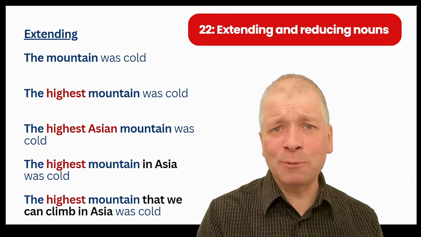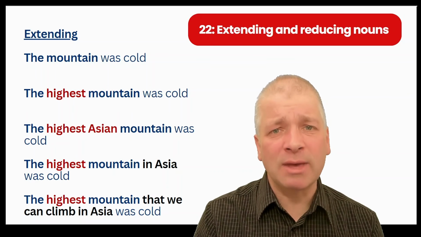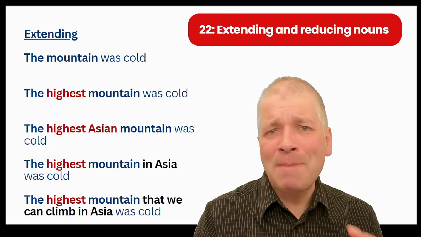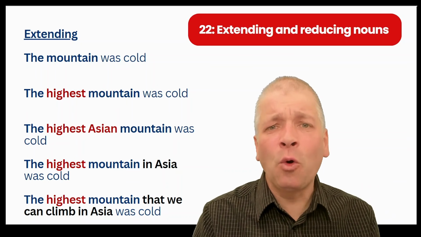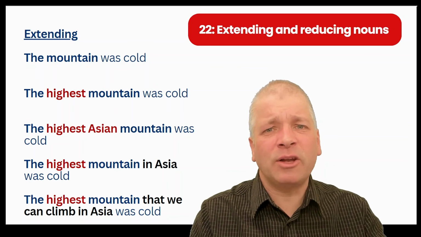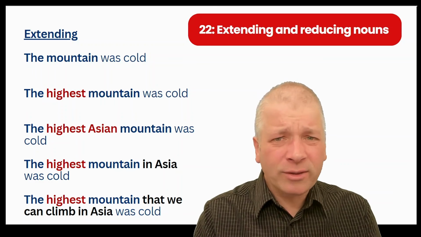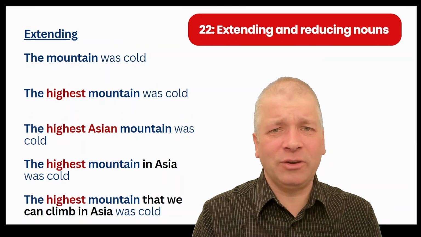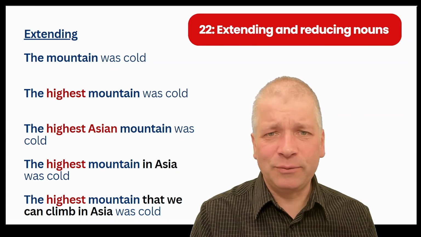What's happened here is we've started with the noun mountain, but to give more information about what we mean by mountain, we've added words before and after the noun. Before the noun, we have words such as "the," which is an article. We have "highest," which is an adjective. "Asian," also an adjective.